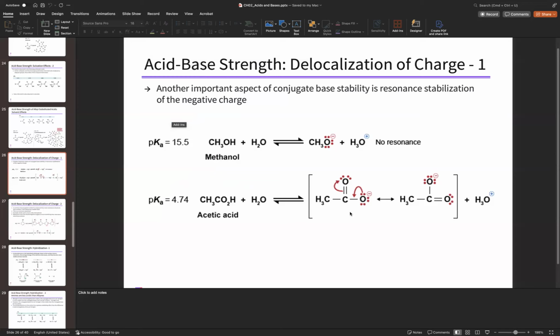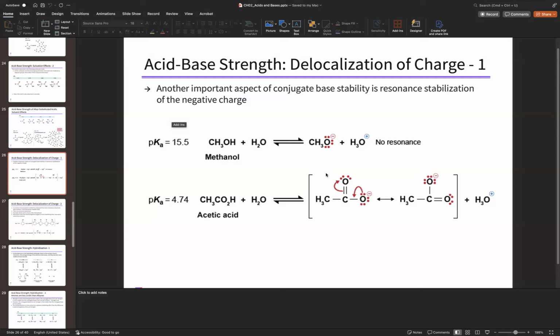The double and single bonds alternate between these two oxygens. But there is no resonance possibility with the ion from methanol, methoxide. While acetate has the resonance stabilization, methoxide does not.